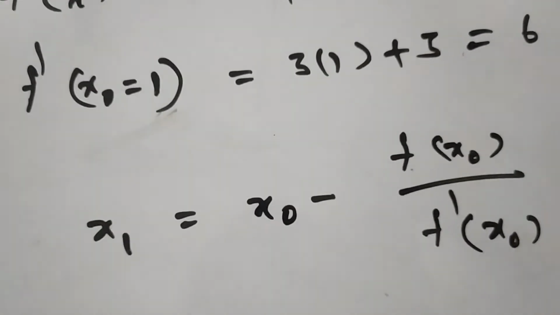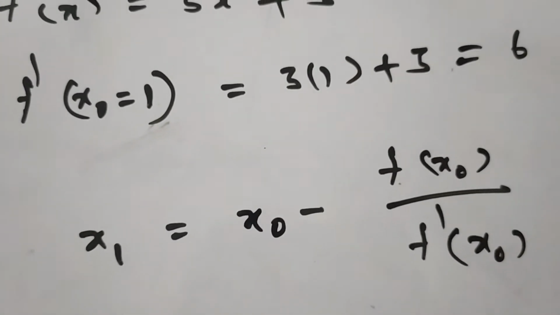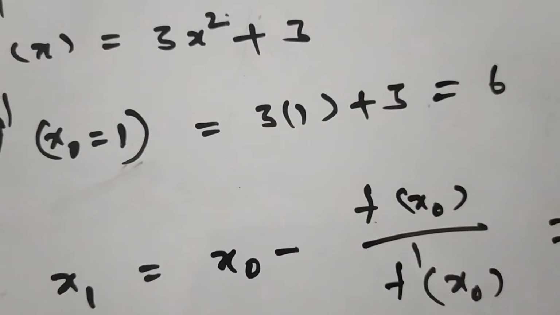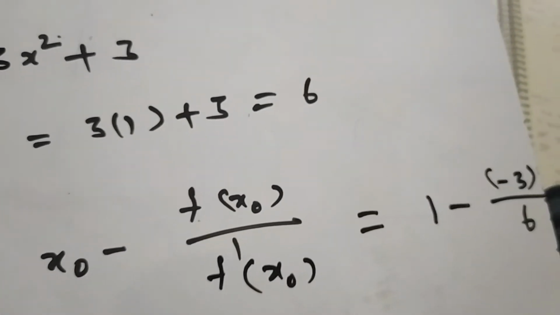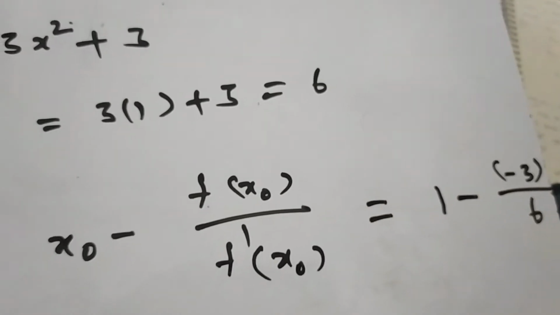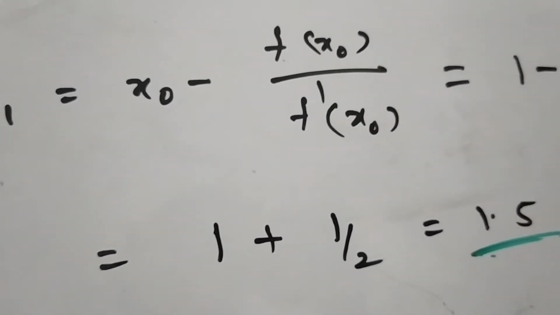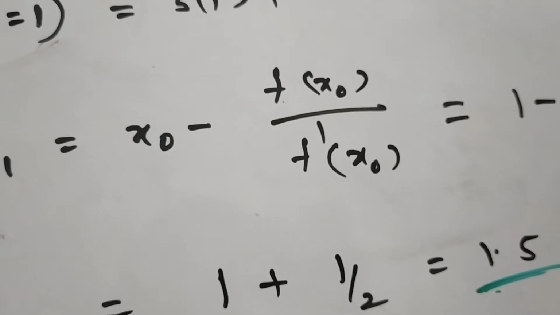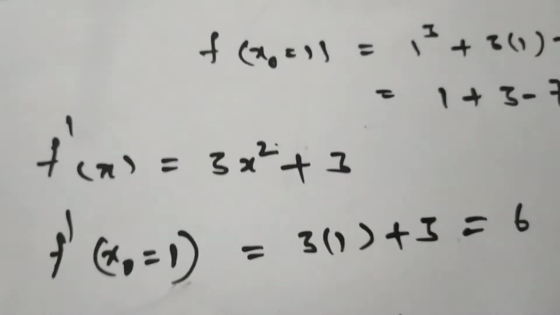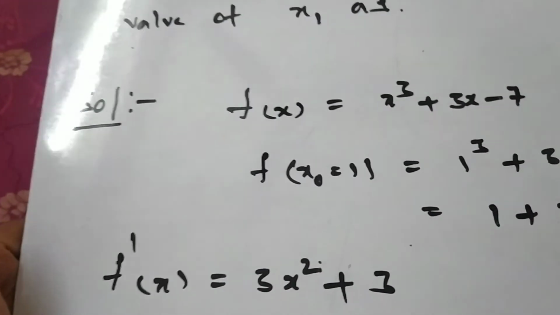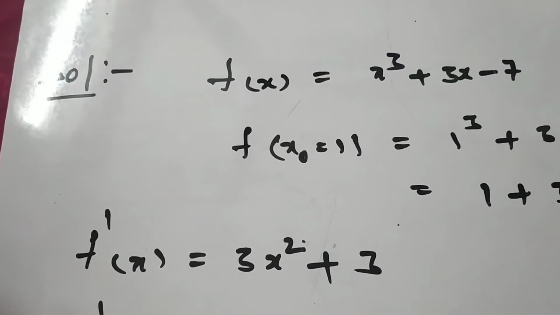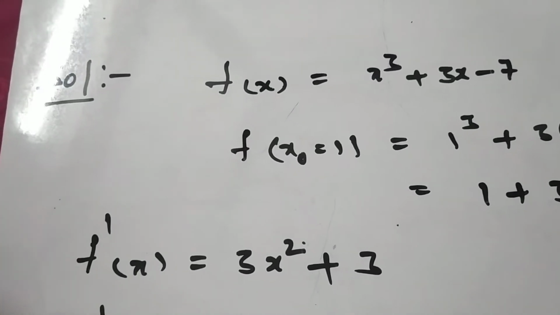Then substitute in the formula: x1 equals x naught minus f of x naught divided by f dash of x naught, that equals 1 minus (minus 3) divided by 6. Solving, the answer will be 1.5. This is the simplest way of solving all Newton-Raphson method problems.